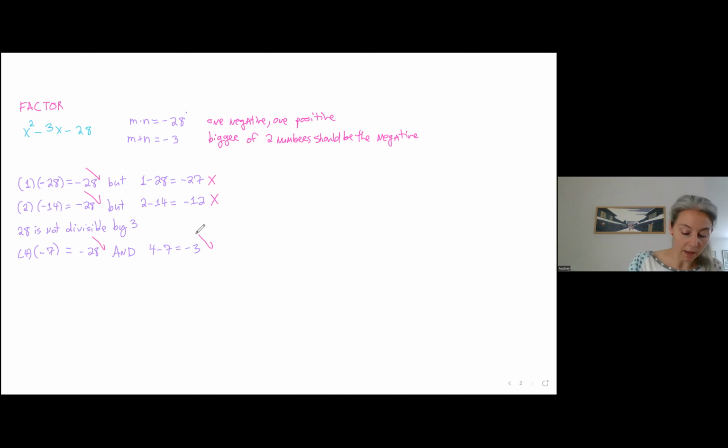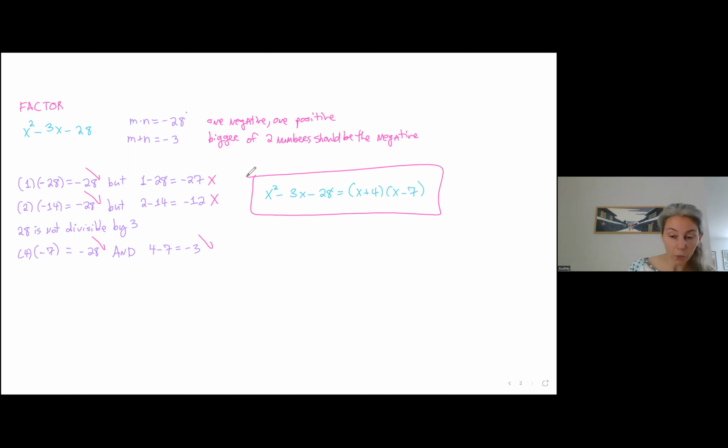So we can say then that x squared minus 3x minus 28 is equal to x plus 4 times x minus 7. And that's my final answer. Now, if we wanted to double check this work, we could use FOIL to expand x plus 4 times x minus 7. We do our first terms to get x squared minus our outer terms, that's 7x, our inner term plus 4x, and then minus 28. And that does indeed give us x squared minus 3x minus 28.